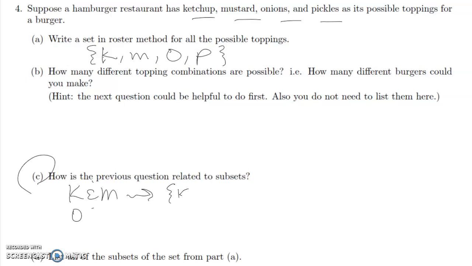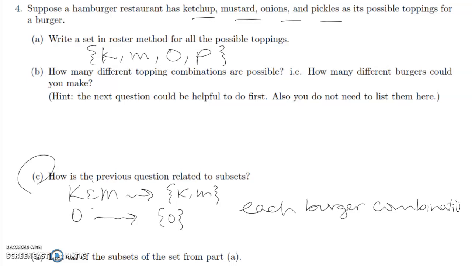This would be the subset of K and M, and this would be the subset with just O. So each burger combination is a subset. So really this question up top, question B, is really asking us how many subsets.